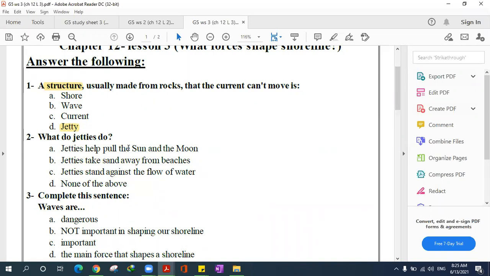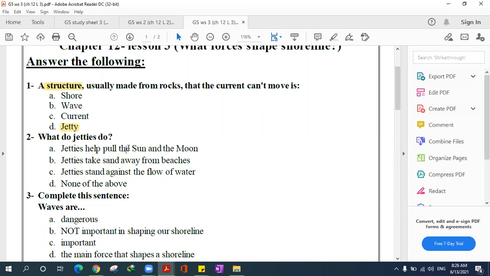Jetties take sand away from beaches. Jetties stand against the flow of water. None of the above. Okay, Habiba, you sound so sleepy. I can't really hear all of it. Can you tell me if it's A, B, C, or D?